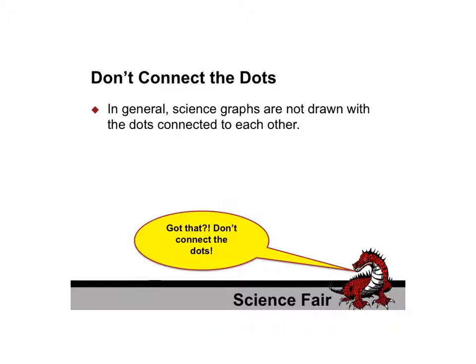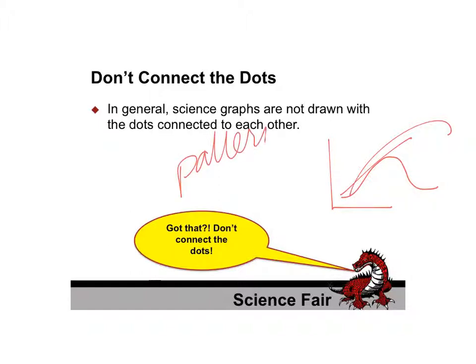And in general, this is not always true, because there are exceptions to every rule, but we don't usually connect our dots in science, okay? We're looking for relationships, okay? We're looking for either a linear relationship or an exponential relationship that curves upward, or maybe there's kind of a bell-shaped thing going on. There's a lot of different possibilities, but we want to know if there's some sort of pattern, okay?